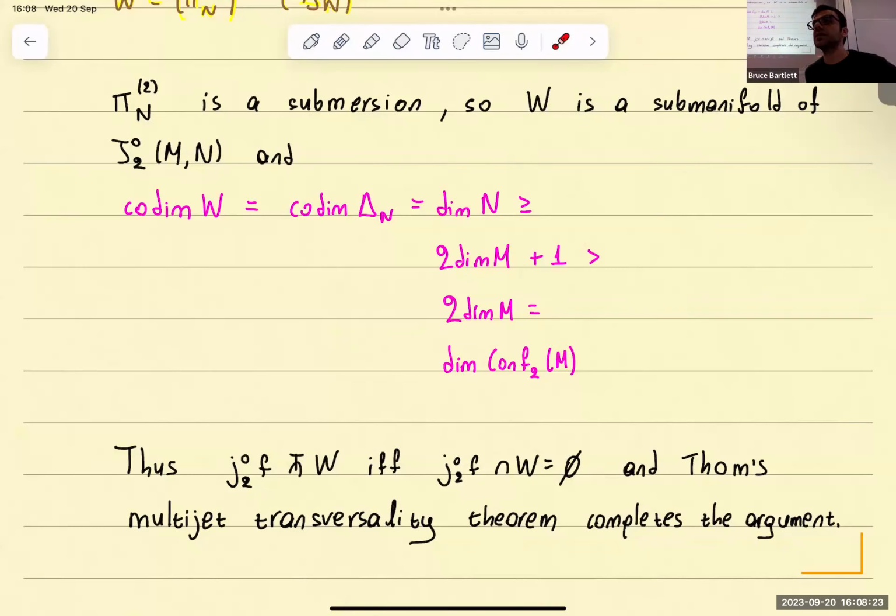Well, I'm only thinking about, I only keep track of the smooth structure here. So the complex plane and R2 I wouldn't treat differently.